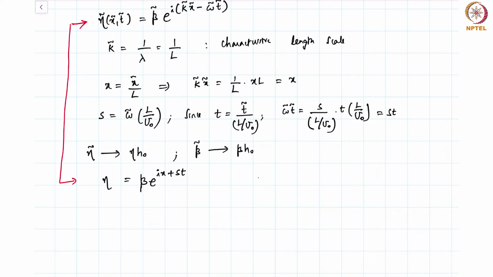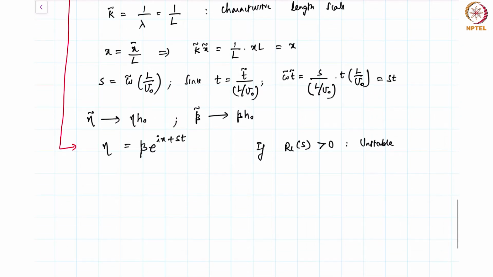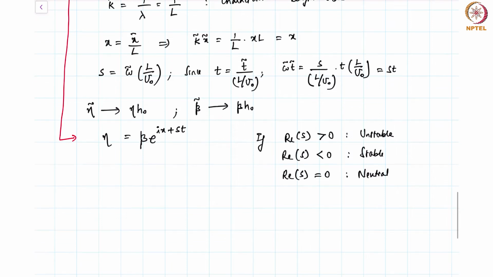Now notice that if the real part of S is greater than 0, then we have an unstable state. If the real part of S is less than 0, it is stable, and if the real part of S is equal to 0, then we have a neutral stability, right?